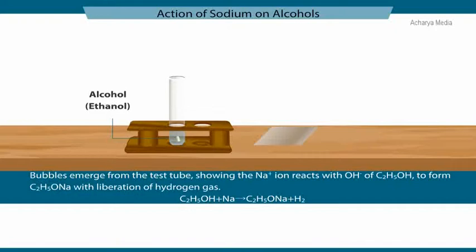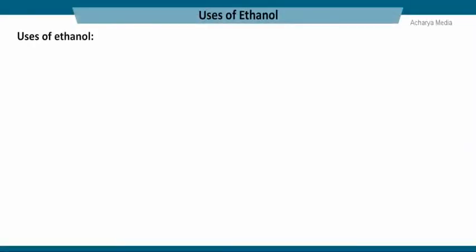This is because Na+ reacts with OH- of ethanol to form sodium ethoxide with liberation of hydrogen gas. The chemical equation is C2H5OH + Na gives C2H5ONa + H2.